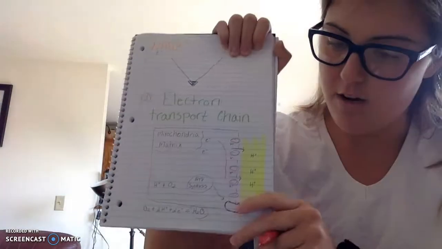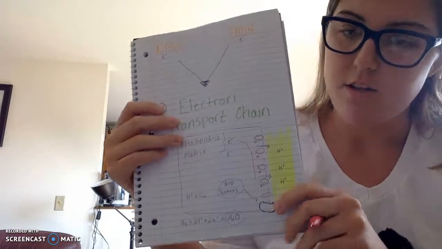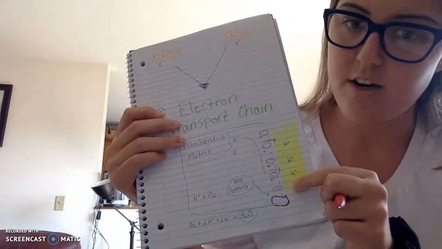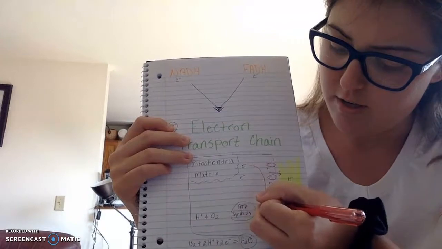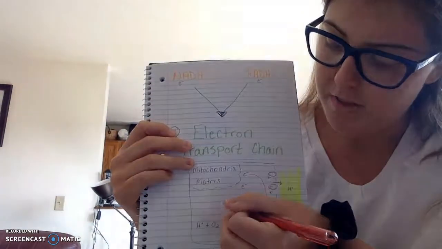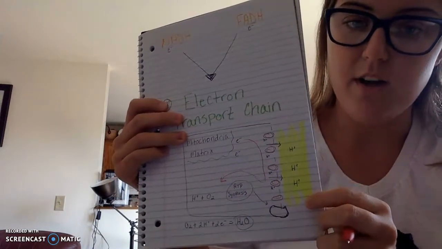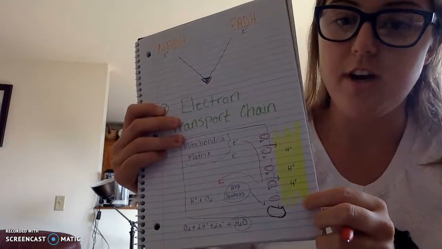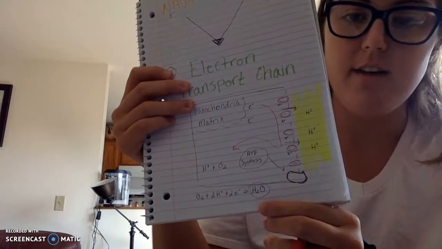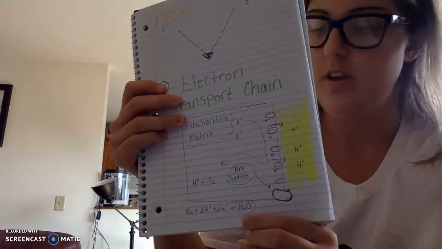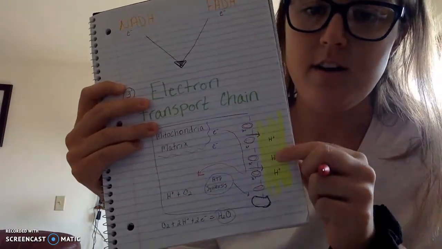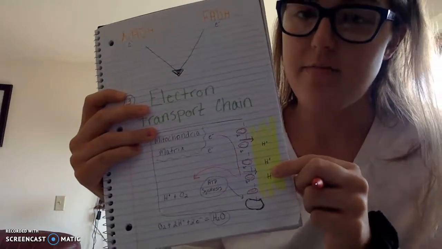And these protons are hydrogen ions. So then we have a buildup of hydrogen ions here, and then these electrons are going to continue down here where they will mix with more hydrogen ions as well as oxygen to create the byproduct of water. So then we have these hydrogen ions here that have been built up.